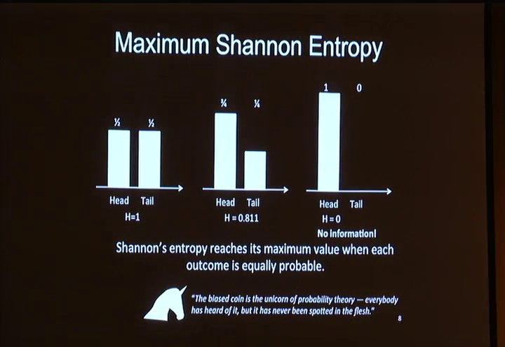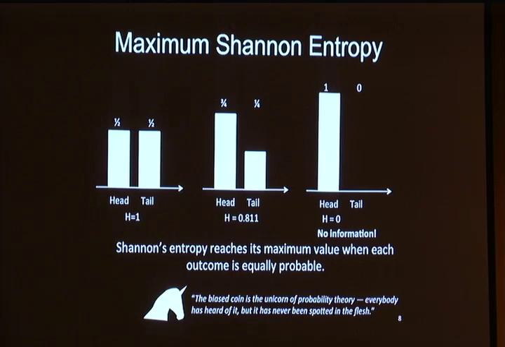Okay, so let's assume we have a biased coin where the probability of obtaining a head is a lot higher than the probability of obtaining a tail. Then in this case, the uncertainty about the event reduces, so the entropy reduces. For example, when the probability of obtaining a head is around 75%, our Shannon entropy becomes 0.8.